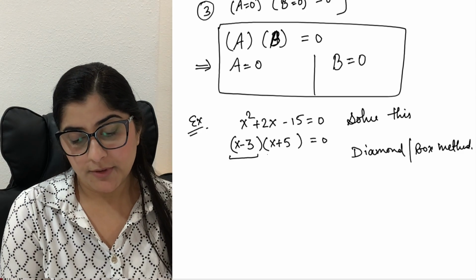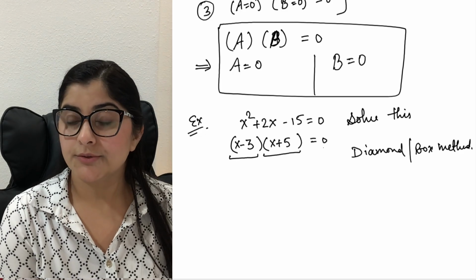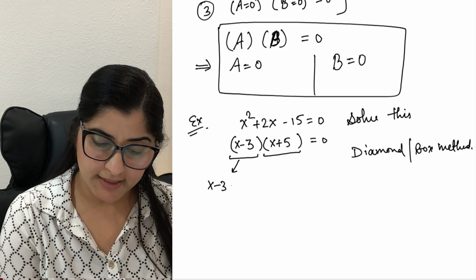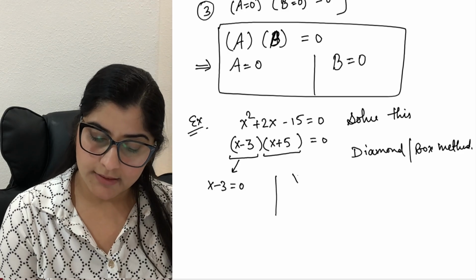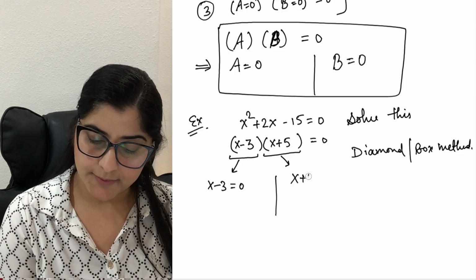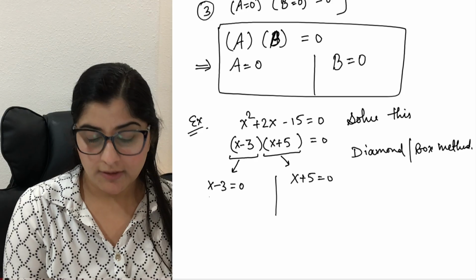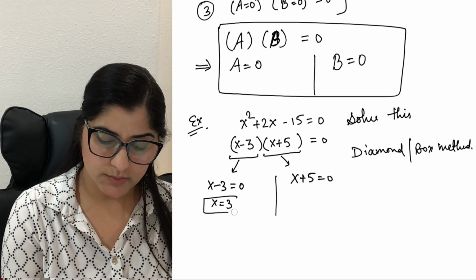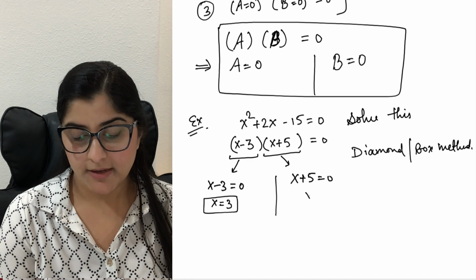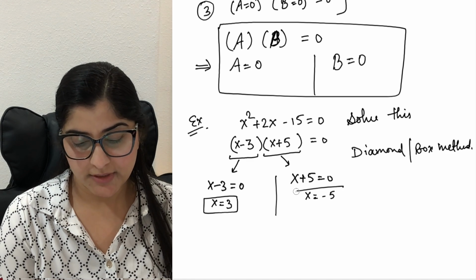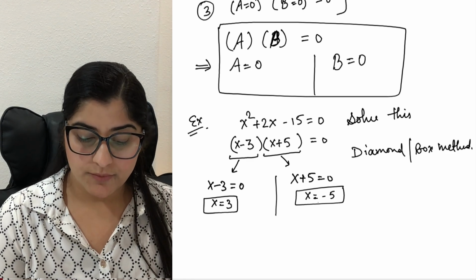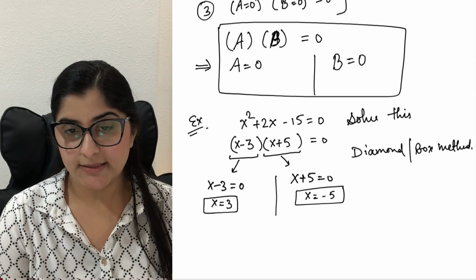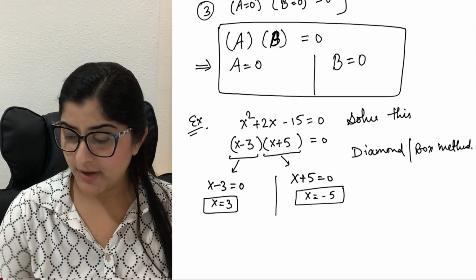Now the product of two factors is equal to 0. So the zero factor property says either the first factor is 0 or the second factor is 0. Now solve these equations separately. Isolate x from here, we get x is 3, and from here isolate x, we get x is minus 5. So we get two solutions, x is equal to 3 and x is equal to minus 5.